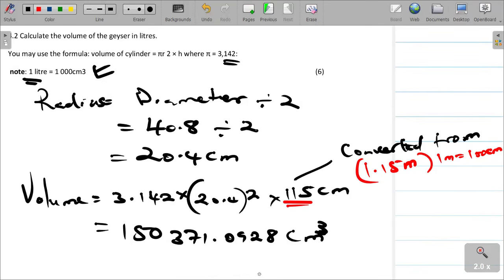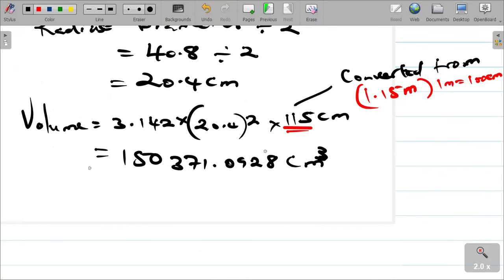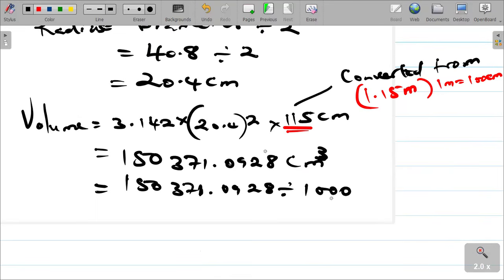As we got these cubic centimeters, we divide by 1,000 in order for us to get the correct answer, which is 150,371.00928 divided by 1,000.